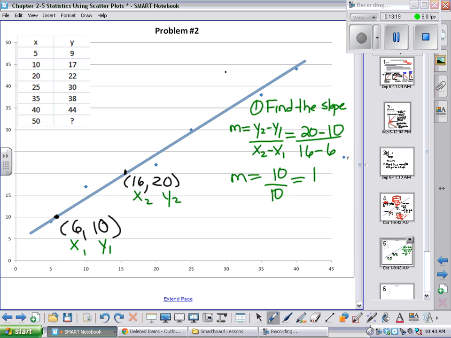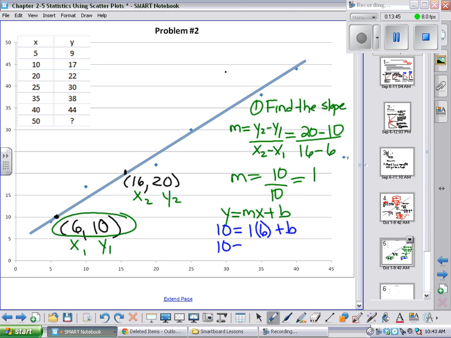Then choose either point. I'm going to go ahead and choose (6, 10) and plug that into y equals mx plus b. So in that case, my y is going to be 10. My m is 1. My x is 6 plus b.